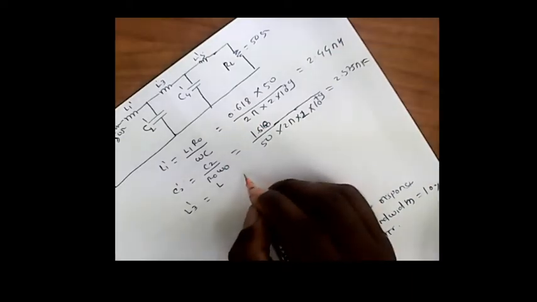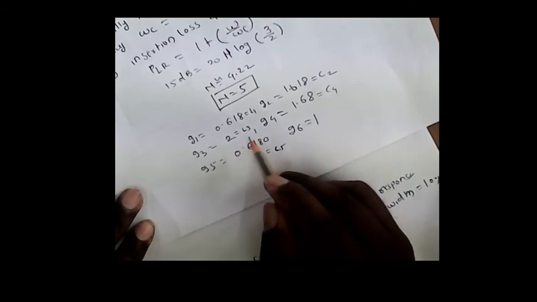Similarly, we can calculate L3 dash, which is L2 over R0 omega C. L2 is nothing but G3, which is 2.